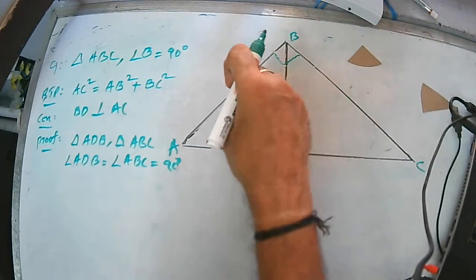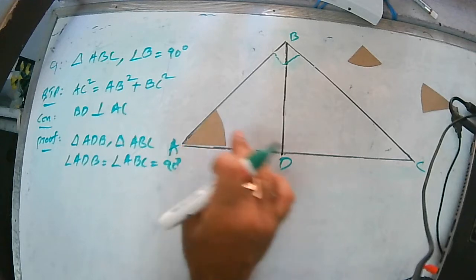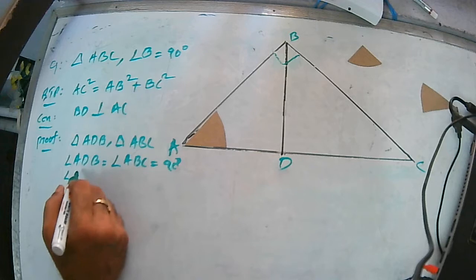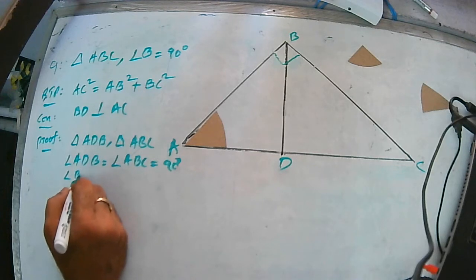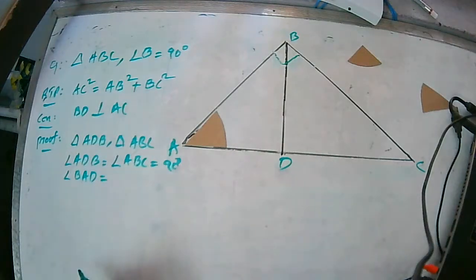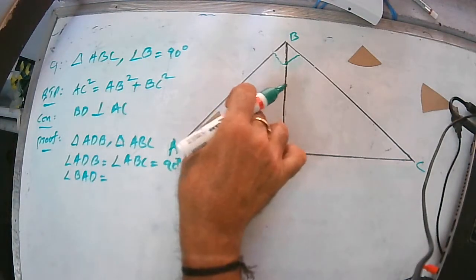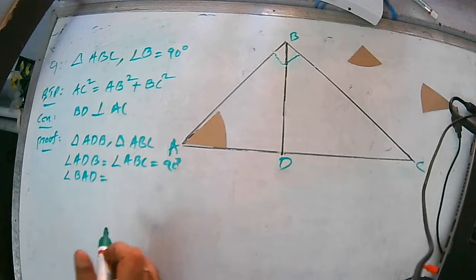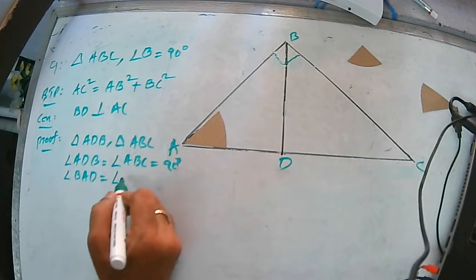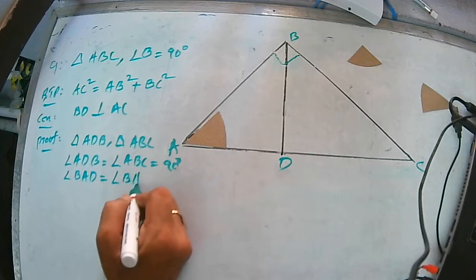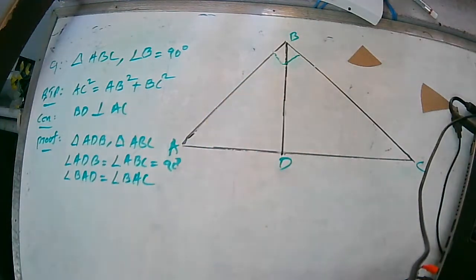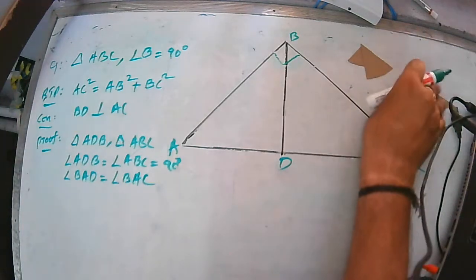Next one, one angle is common. So we can say that angle BAD is common in both the triangles. The same angle we can see in triangle ABC also, that is angle BAC. And when two pairs of angles are equal, then the third pair is also equal.